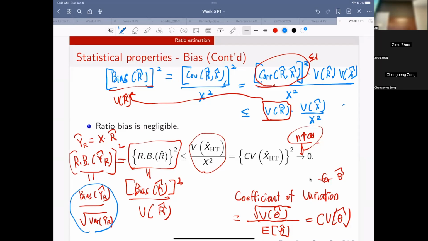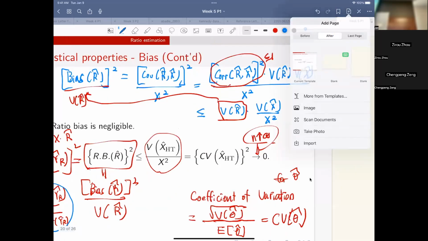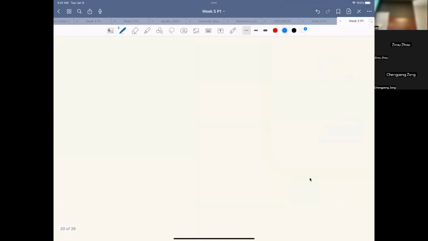Now, maybe I will use the next page. Okay. So what we should show is that the relative bias of R hat is equal to the relative bias of X times R hat, which is the ratio estimator Y hat R. So how to show that?